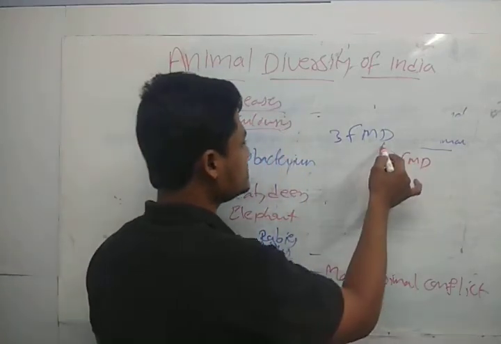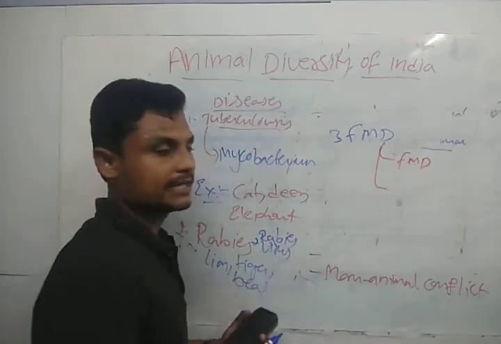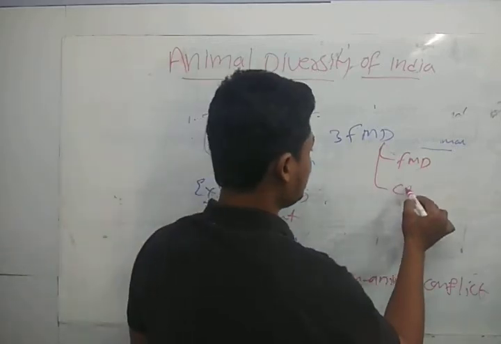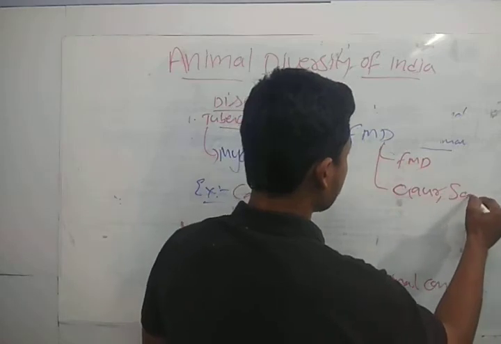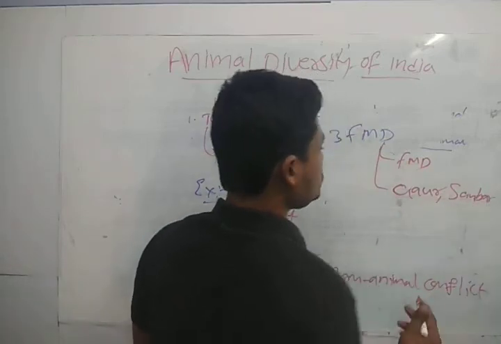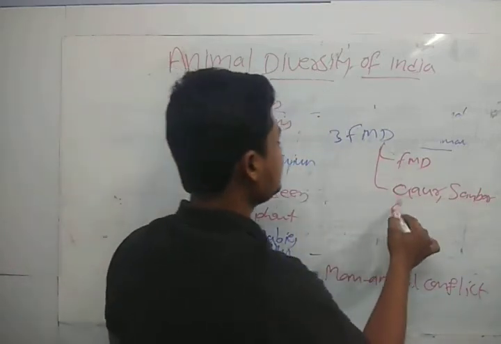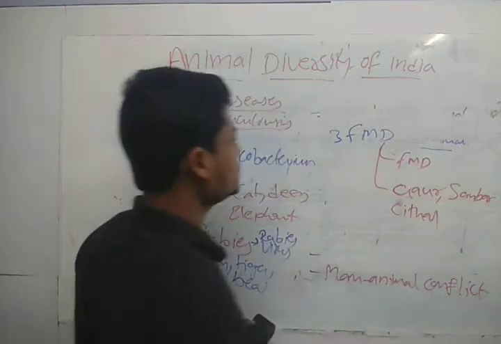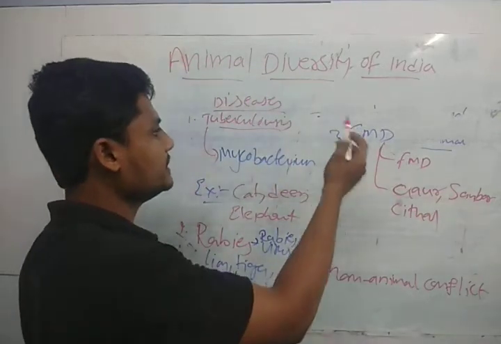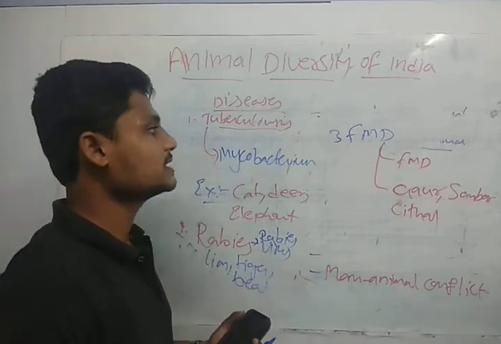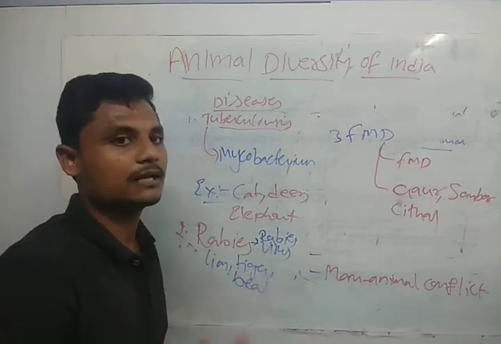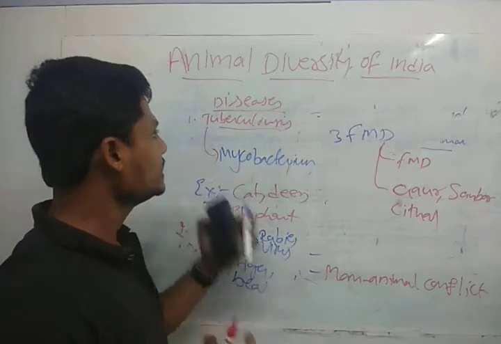The animals that are susceptible to FMD are gaur, sambar, and chital. These are the ones affected by foot and mouth disease, guys. So these are the diseases that we can discuss in wildlife.